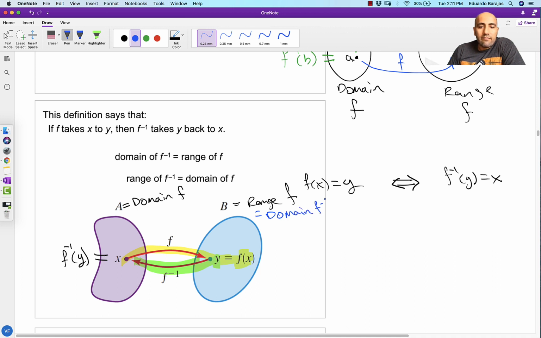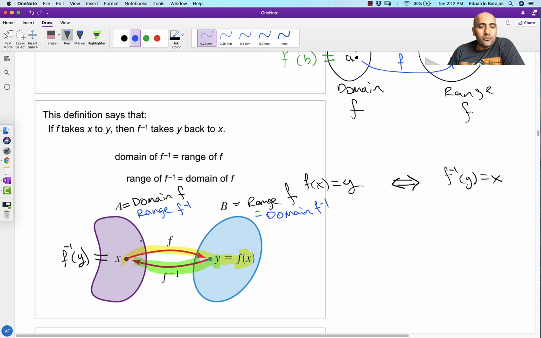The reverse function takes values from here and maps them back to here. So the range of f must be equal to the domain of f inverse. And going backwards this way, this must be the range of f inverse, which equals the domain of f.